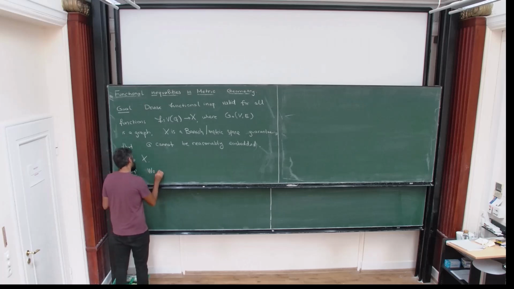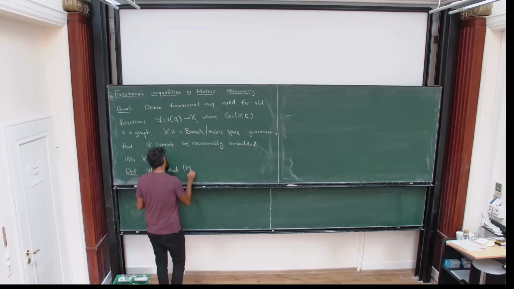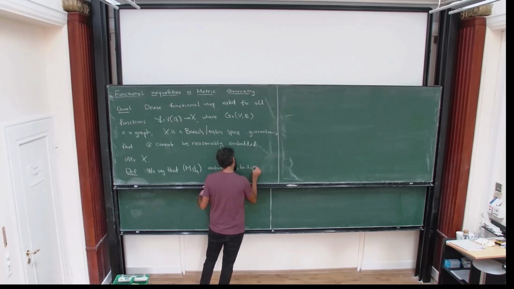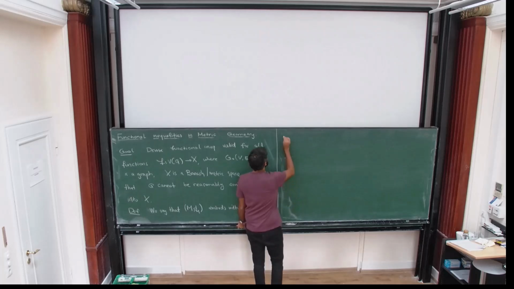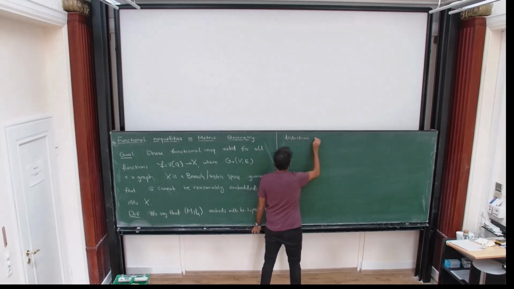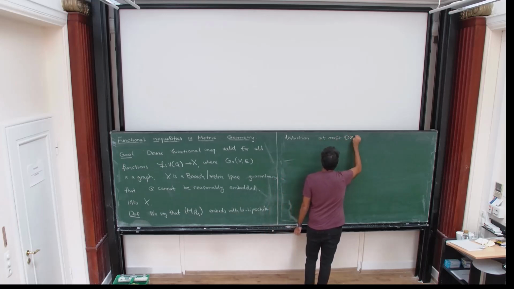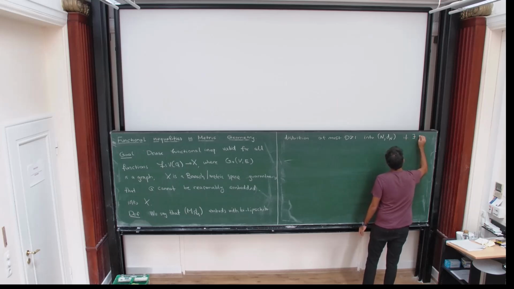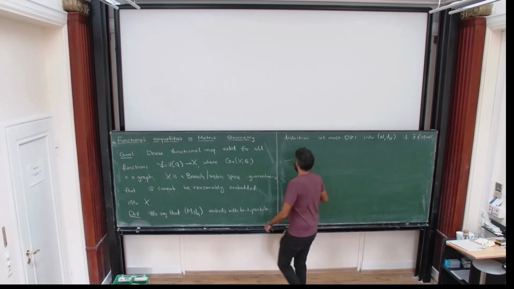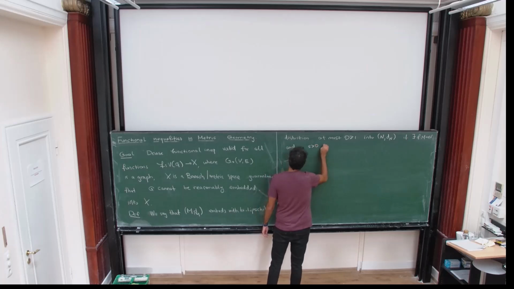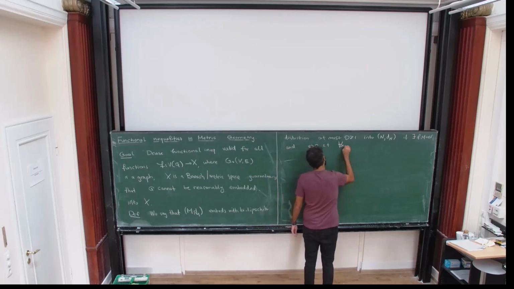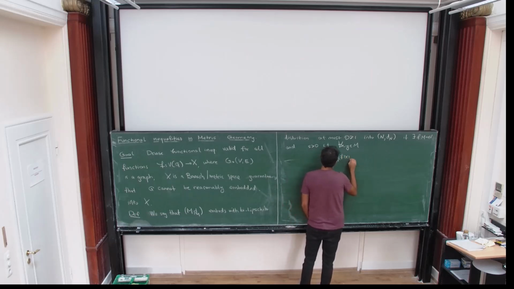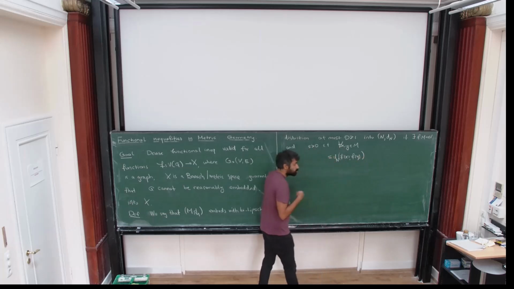So we say that the metric space M embeds with bi-Lipschitz distortion at most capital D, which is a number greater than 1, into a different metric space N, if there exists a mapping f from M to N and a scaling factor s such that for any x and y in the domain, the distance in N between f of x and f of y is bounded between two multiples of the distance in the domain.